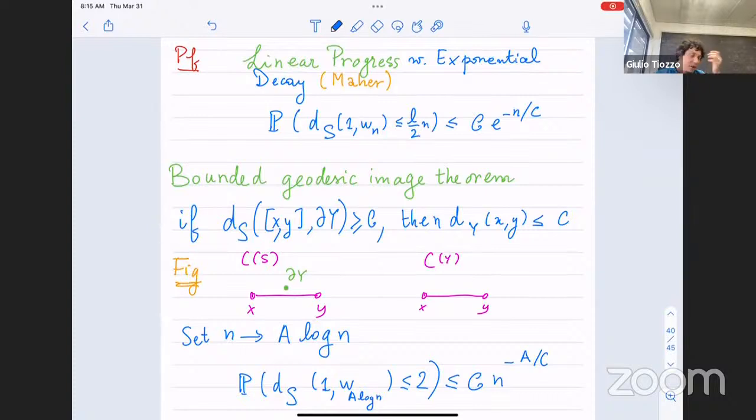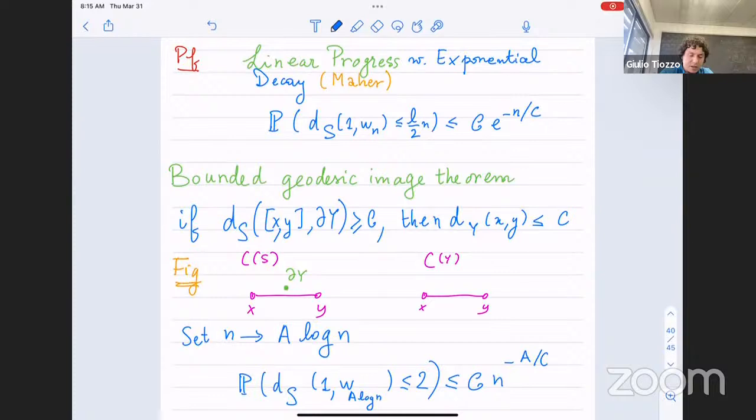And this, in the context of the mapping class group, is already proven by Maher when you have a finitely supported measure. And more recently, people have done this for measures with, say, exponential first moment, but this is another story.